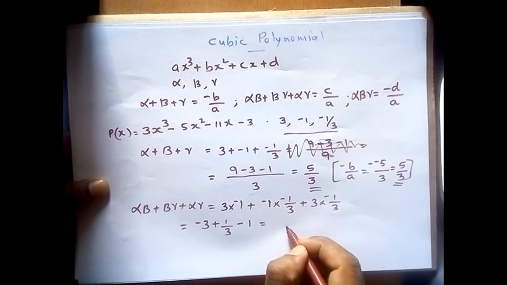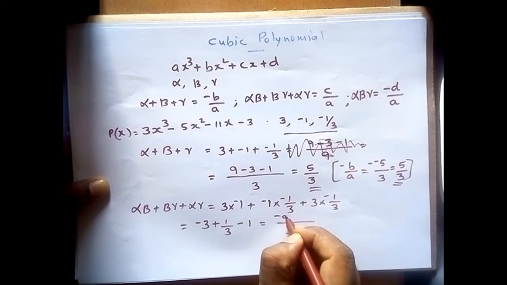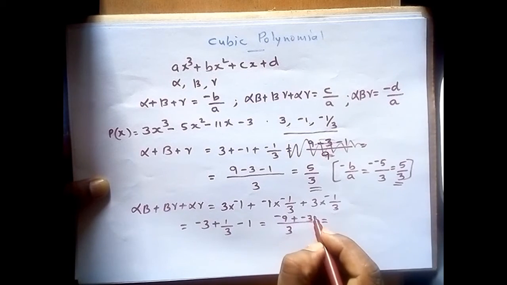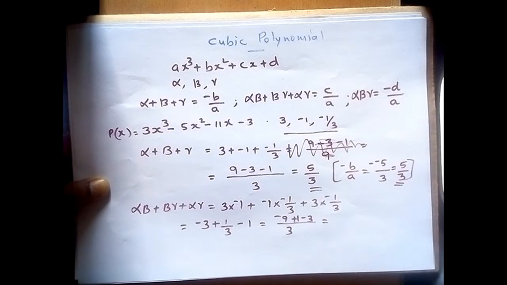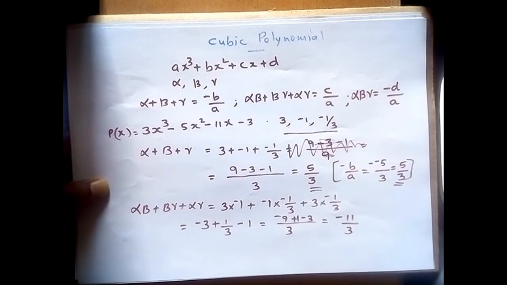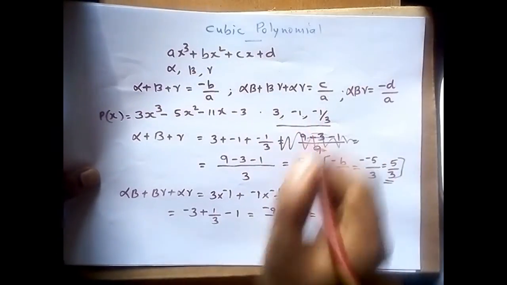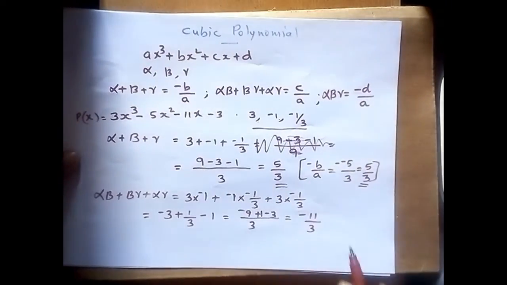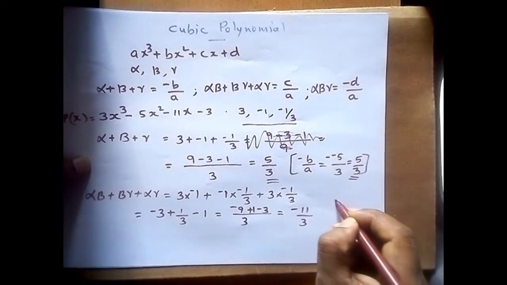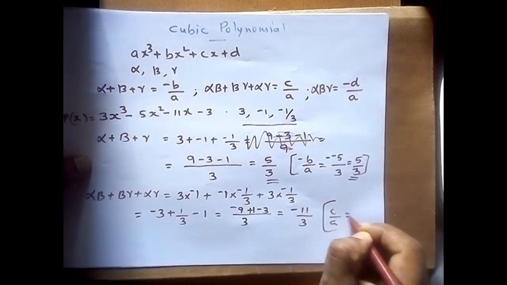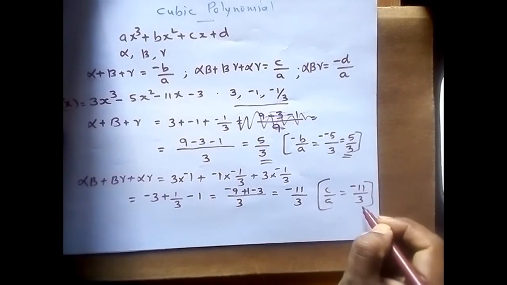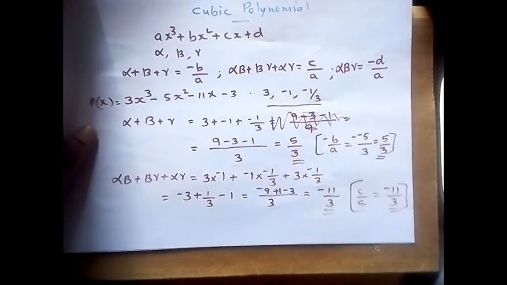So it is equal to (−9 + 1 − 3)/3, that is equal to −11/3. So this should be equal to c/a. What is c/a? c is equal to −11 here, so c/a is equal to −11/3. So that also is established there.